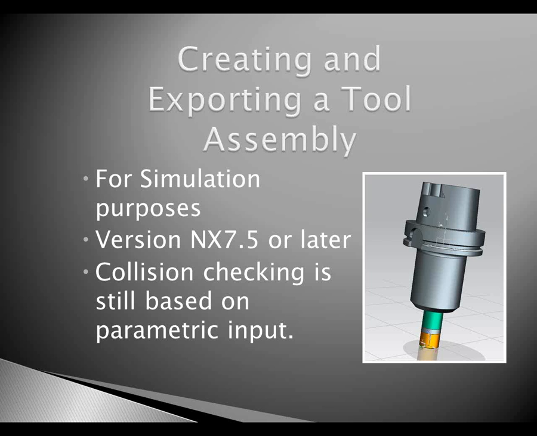You could have actual 3D models that will run in simulation, ensuring that the tool design, as designed, will do the job that you want it to do. You have to remember that collision checking is still done by the parametric inputs and not the solid model. So the inputs have to correspond to the solid model. And this is for systems of version 7.5 or later.